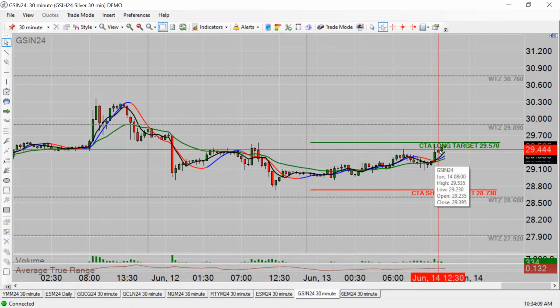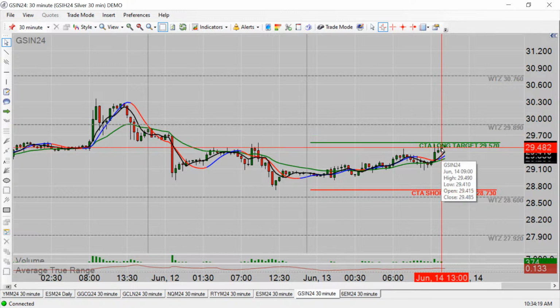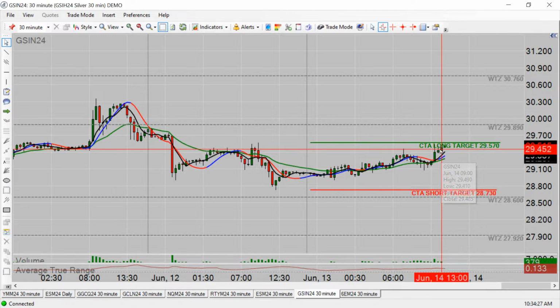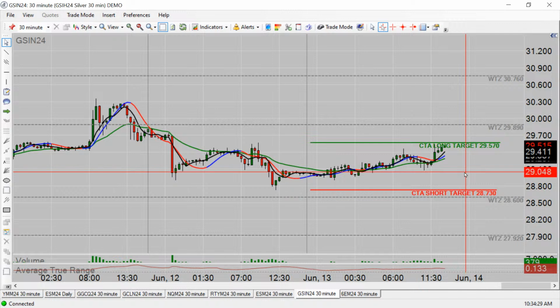But again, just this candle right here opened at 29.42 and ran up to 29.49. At 7 pennies, that's $350 per contract traded in that one little green candle.